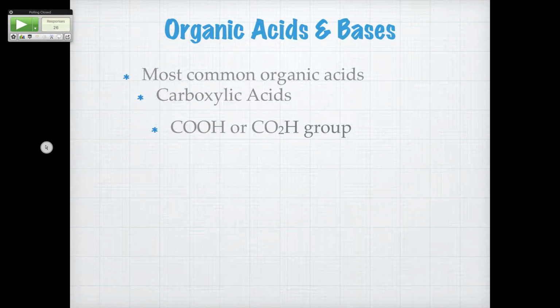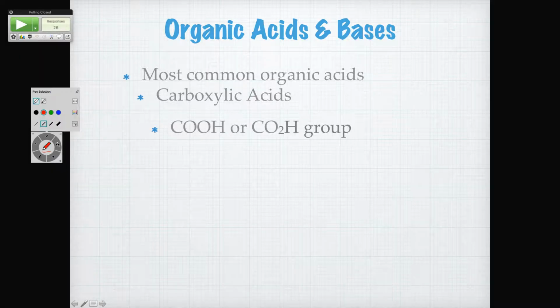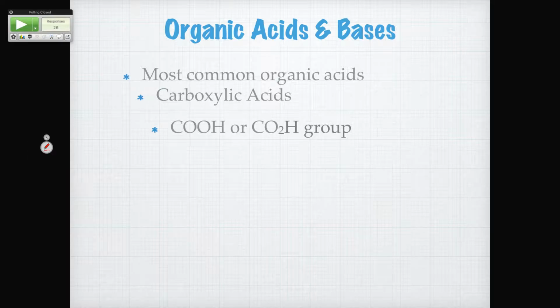Okay? The most common organic acids are referred to as carboxylic acids. Sometimes they're just called organic acids, but they're typically called carboxylic acids. They have this special group, COOH or CO2H. I showed you that group when we were doing how to make condensed formulas. Okay?